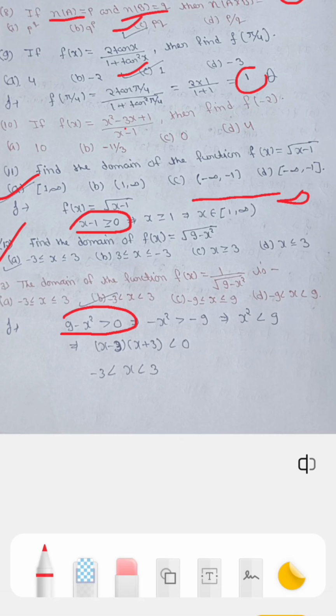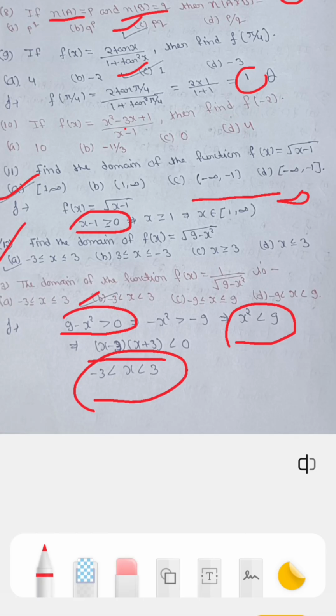So minus x square is greater than minus 9. We multiply by minus on both sides and change the sign: x square less than 9. So we use the product (x minus 3) and (x plus 3). So we get x is greater than minus 3 and x less than 3. Option B is correct.